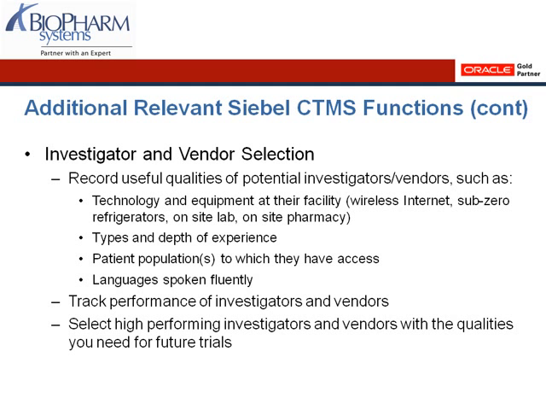You can put in types of and depth of experience for investigators, so whether they have experience with surgery, with implants, with any number of procedures that are going to be relevant for an upcoming study. You can put in patient populations to which they have access.